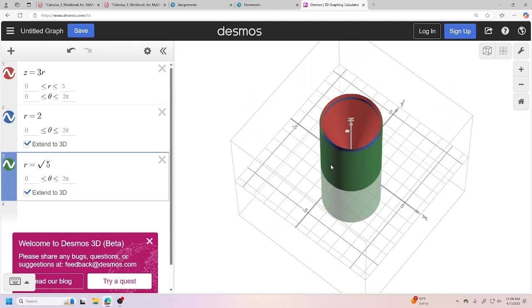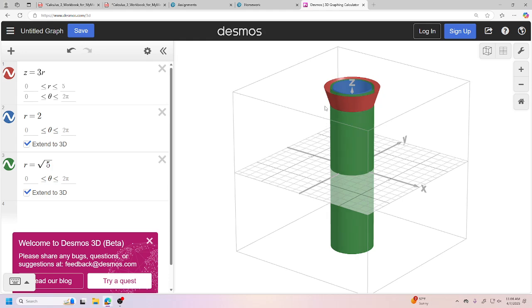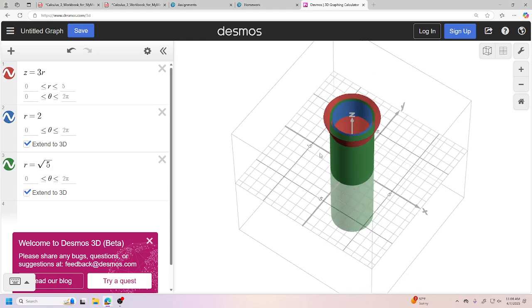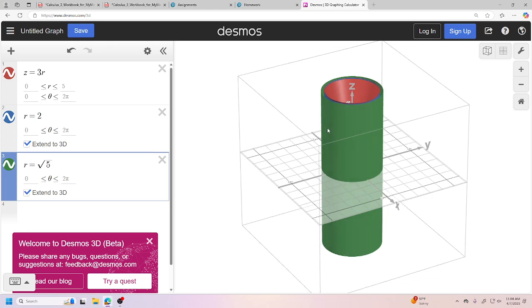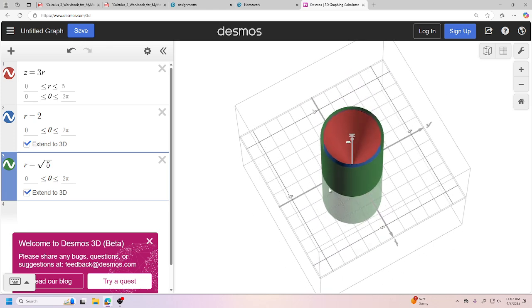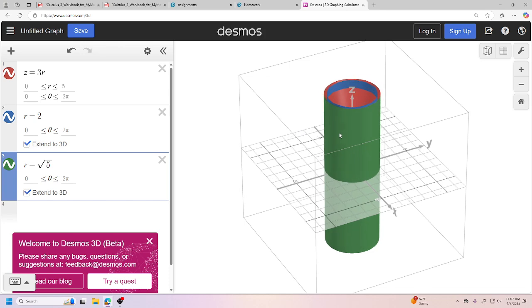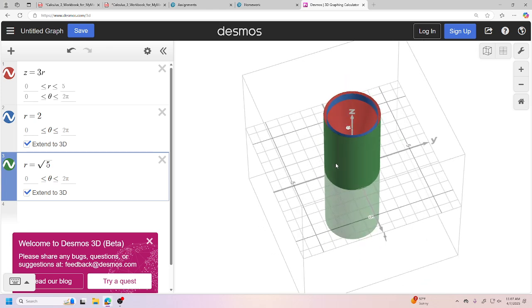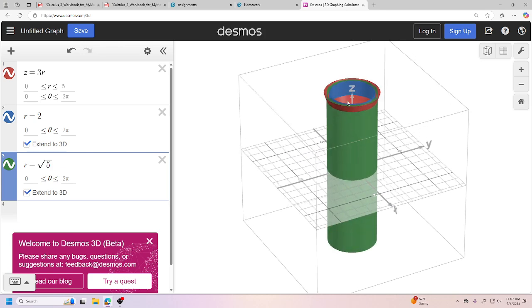There. Do you see how right here the cone is cutting into it? But then if I do this, the cone is now cutting into the blue a little bit. And here the cone will cut into that green. I don't know if that's helpful or not. I think this is not as helpful.